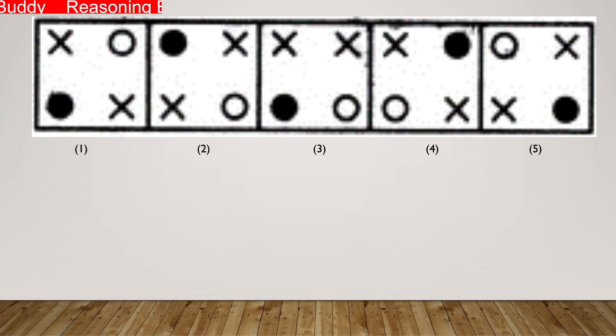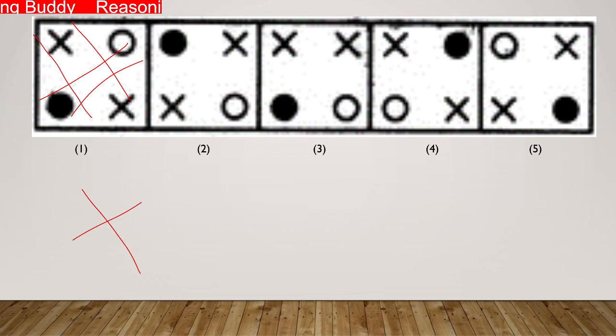Okay, time up. So see this. Here you can see two plus and cross signs, and one dot and one circle. The dot and circle are vertically opposite, and two cross symbols are vertically opposite. Here also the same, vertically opposite. So same vertical.